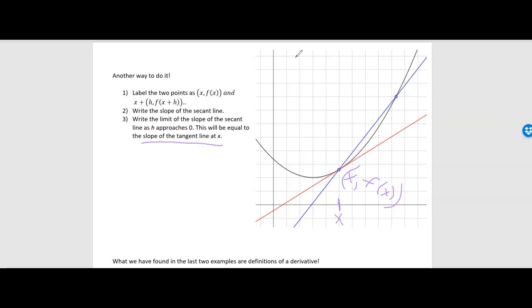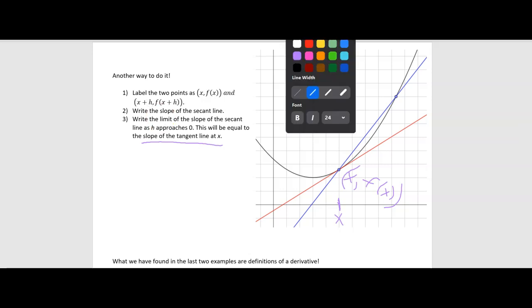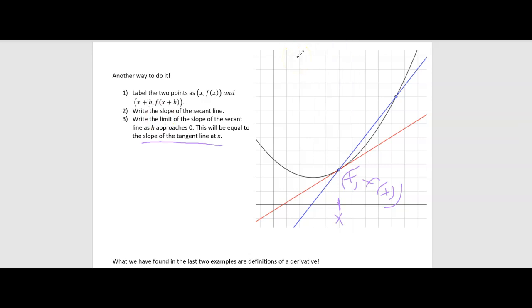And then the other point they're labeling as, oops, that's a typo. Let's fix that real quick. Okay, so our point up here ends up being x plus h, comma, f of x plus h. And all that's really saying is that h is just the distance between the two points. So this point up here would be x plus whatever that distance is.